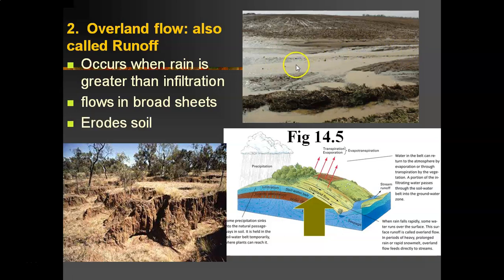That's the bad thing about overland flow, particularly in the dormant season when you've got bare soil. You wind up with the capability of flooding and eroding the topsoil, which is the most fertile, and so you start to create rills and gullies.